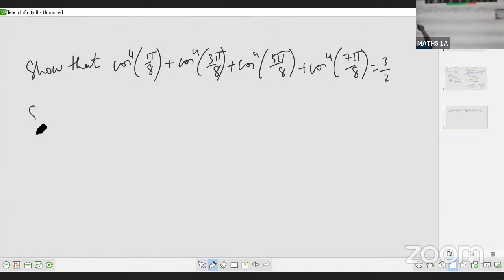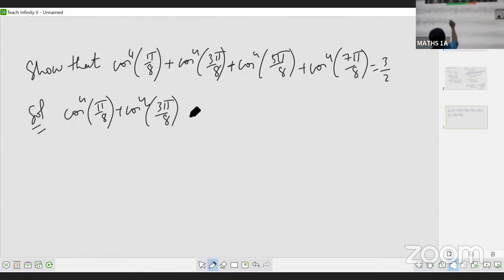Once again the solution: cos power 4 pi by 8 plus cos power 4 3 pi by 8 plus cos power 4 5 pi by 8 plus cos power 4 7 pi by 8.